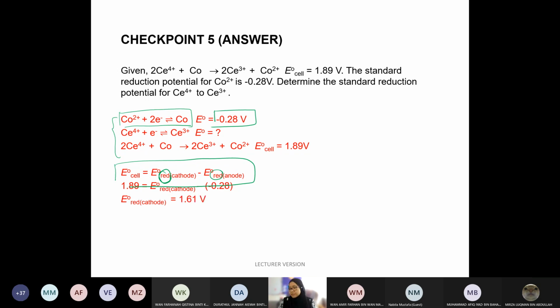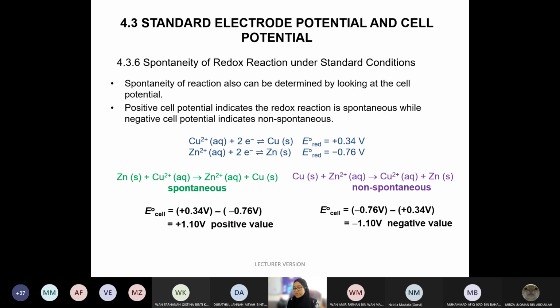Okay, spontaneity of redox reaction under standard condition. We have talked about this just now, tapi this is in detail. We have a slide for the spontaneity of the reaction. Like I've said earlier, if the E naught cell value is positive, it indicates that the reaction is spontaneous.